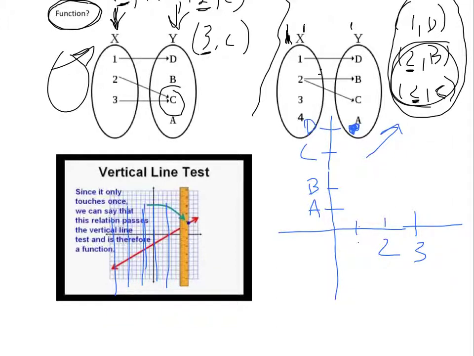We have (2, B), that's our point (2, B). And we also have (2, C), which is right here. Now notice, if we draw a vertical line right through this point right here, it touches the graph, or just ordered pairs we have here, more than once, hence this relation is not a function.